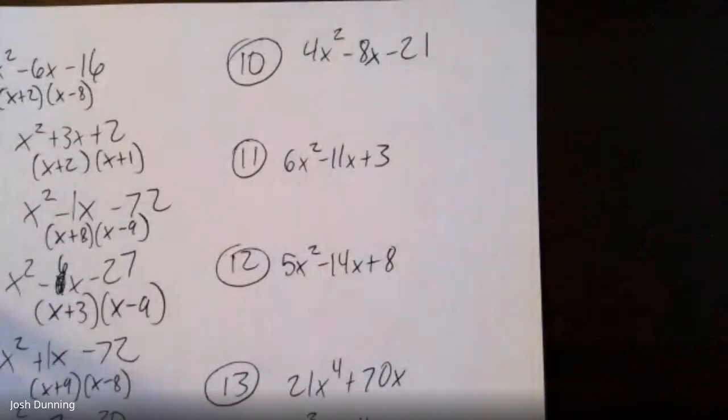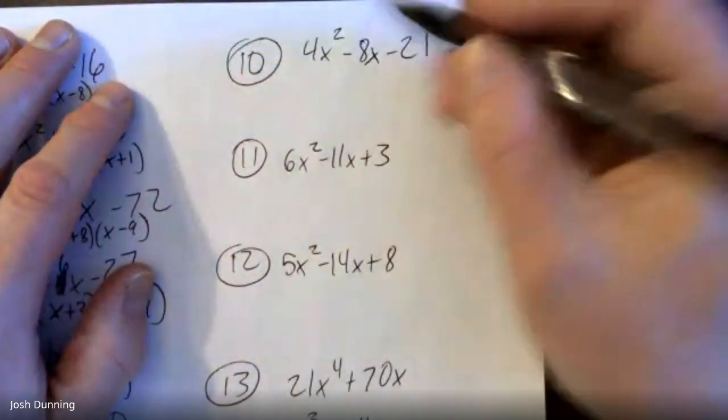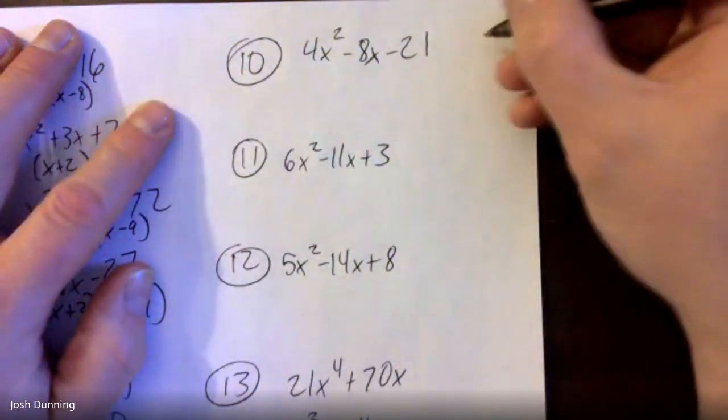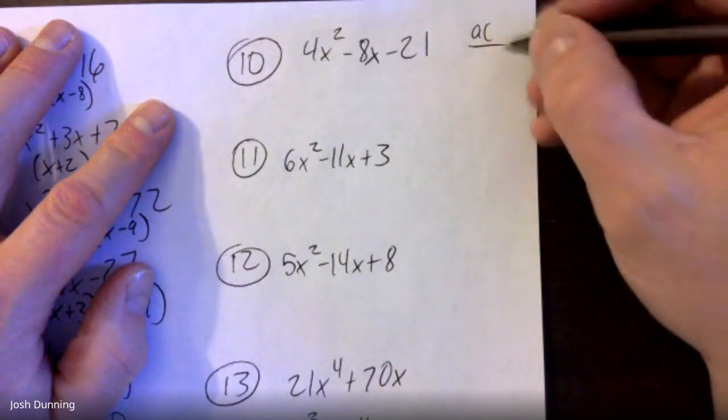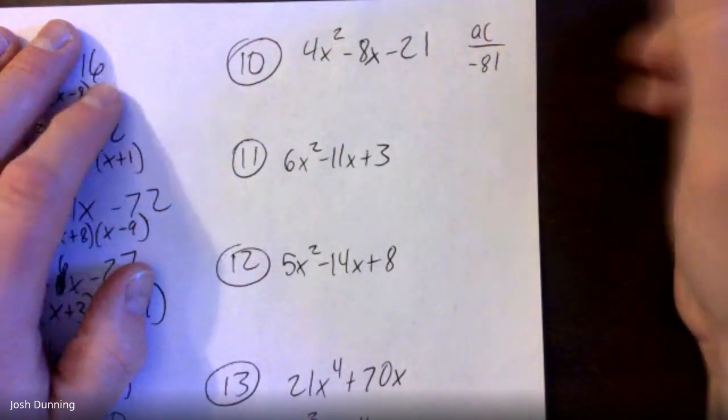Number 6. Again, can't divide 21 by either 2 or 4. So there's no GCF. We got an AC factor. 4 times negative 21 is negative 84.